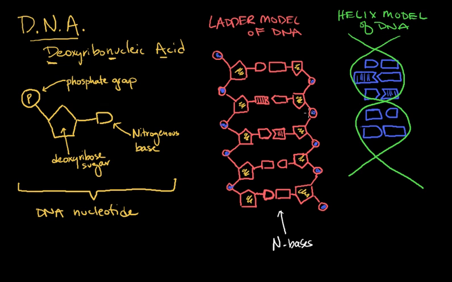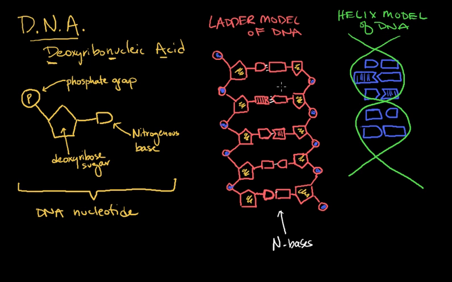Because there are two sides to DNA, it actually wraps around itself because there are little hydrogen bonds, kind of like between water molecules, between these nitrogen bases that are connecting them. And they kind of torque or pull the structure of DNA so that it twists. And that's what the helix means: it twists.